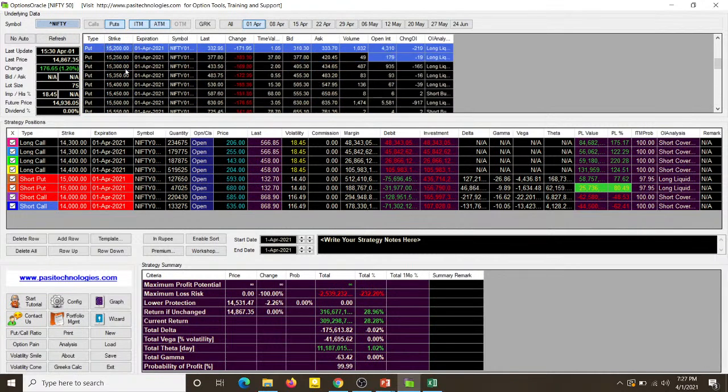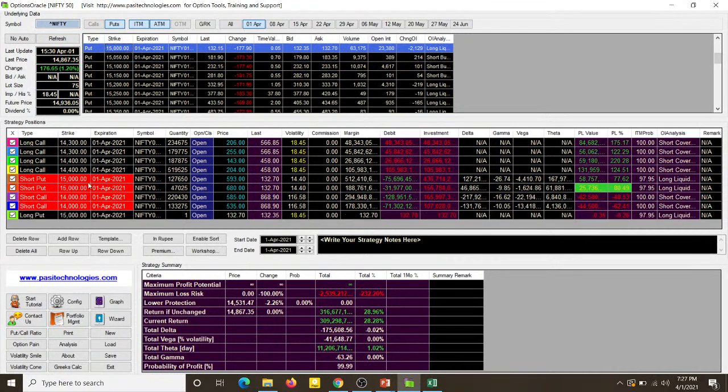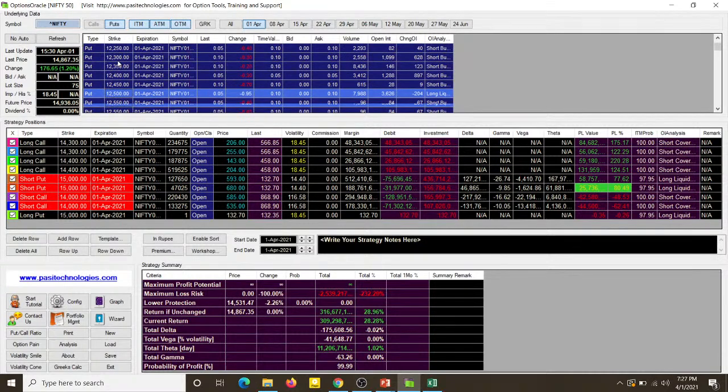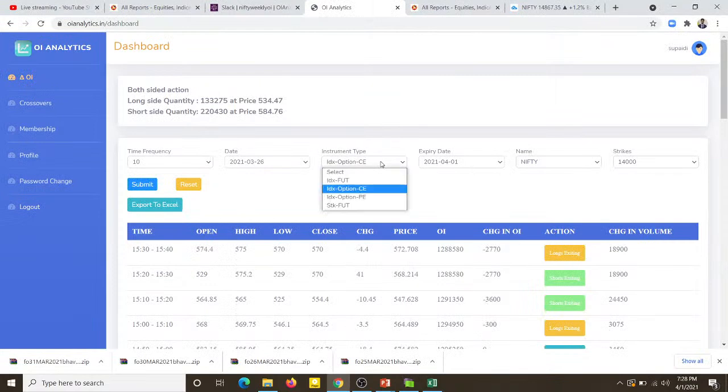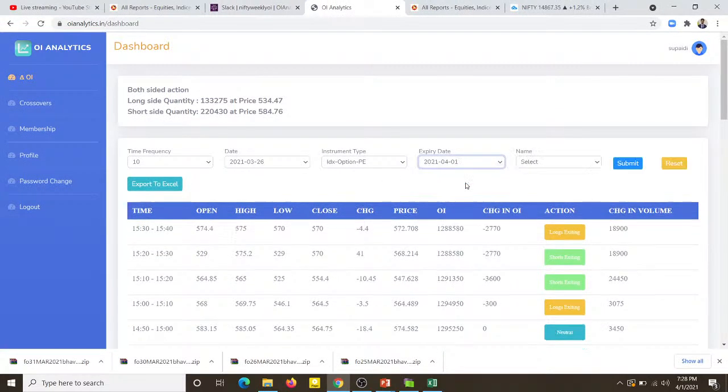That is what we need to add. 15,000 put, fine. So now let's go and check the data for 15,000 put and 14,500 put.